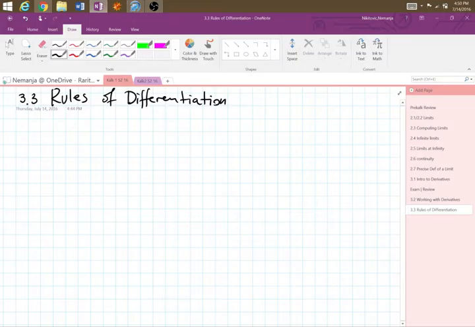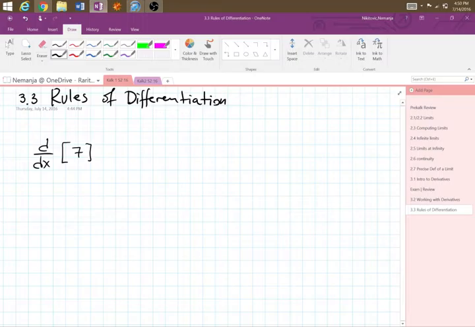We start by first reviewing the limit definition of the derivative. Let's say I want to take the derivative of the number 7. What would be the way to do this?